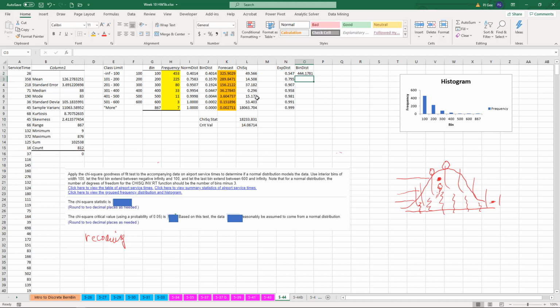It's predicting 444. Oh, things are looking much nicer now. The actual frequency was 453. It's looking pretty good out of the chute. Bring this on down. And something went wrong. N2 times C15, because we forgot. Let me move this over. We're going to have to fix this.